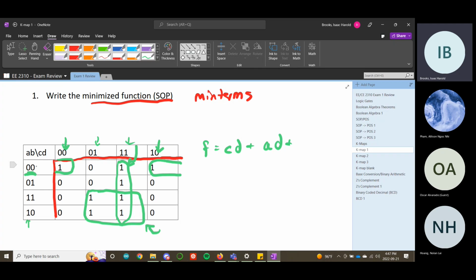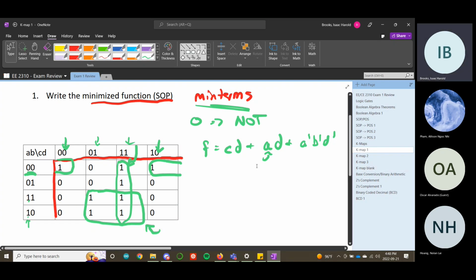So when A and B are 0, we're looking at A naught, B naught, and D naught. Because when we're working with min terms, if it's 0, that's A naught, right? These ones were all 1s, where like this one was where A is 1, so we had A without the inversion. Okay, so this is definitely something you'll have to do on the test.